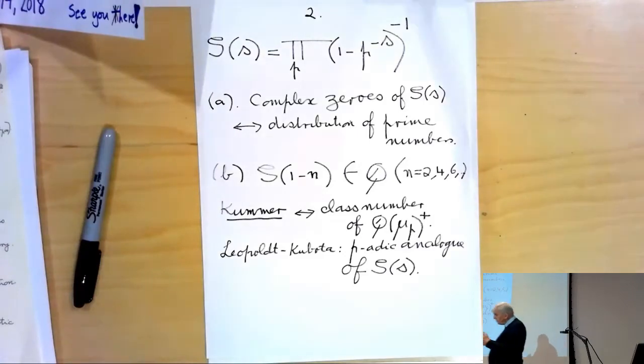If you like, there are (p minus 1)/2 branches, or it's a measure on a Galois group, but there's a very precise p-adic analog.